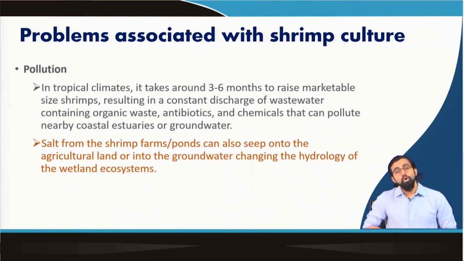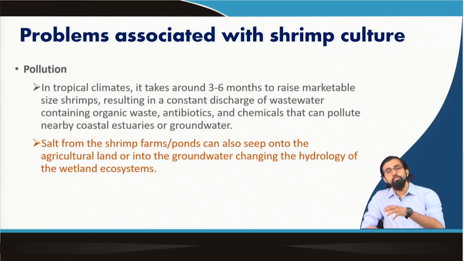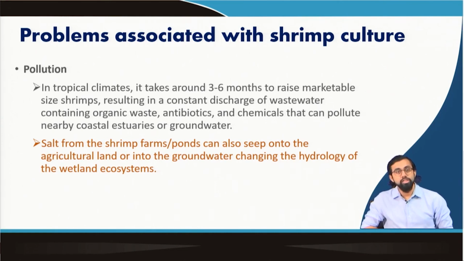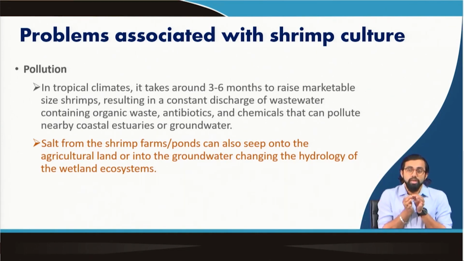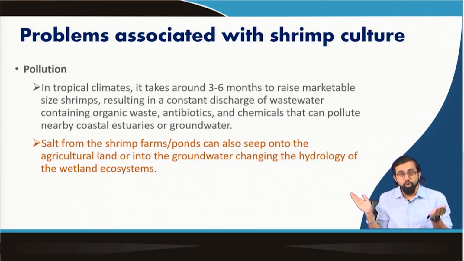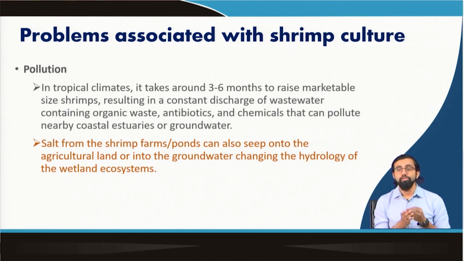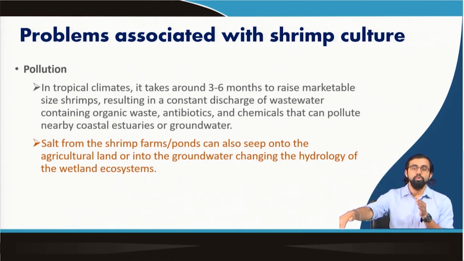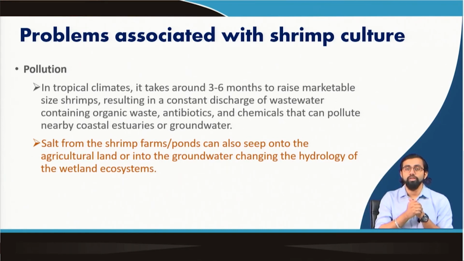Salt from these shrimp farms and ponds can also seep into the agricultural land and into the groundwater, changing the hydrology of the wetland ecosystems completely. Sometimes, though I already mentioned it's better to have at least more than 90% clayey soil on the bottom of your farm, still because of some cracks and faulty features, the water can seep through and recharge the groundwater.